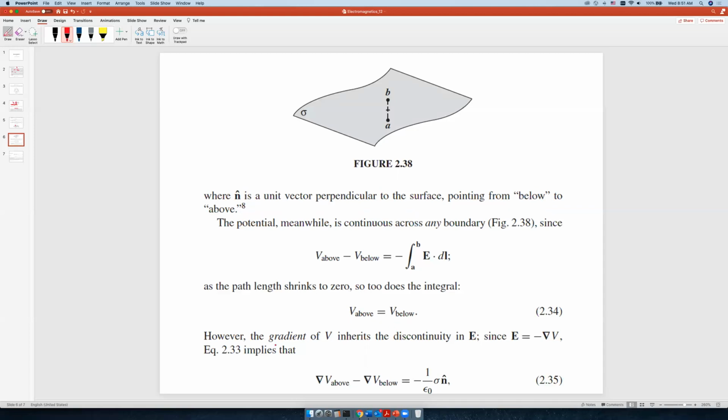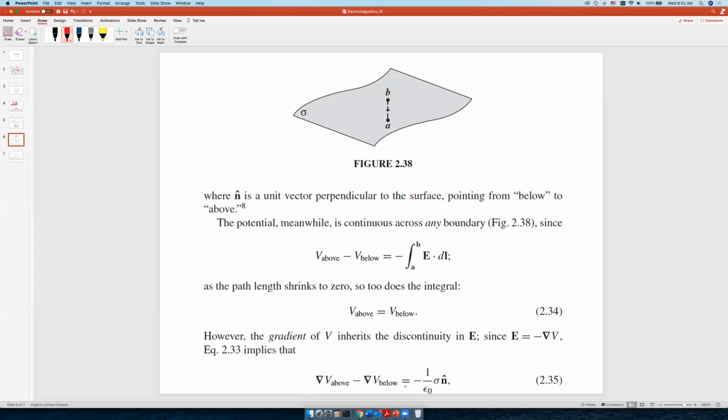However, the gradient of V inherits the discontinuity in E, because E equals the negative gradient of V. So the gradient of V above minus the gradient of V below equals 1 over epsilon sigma in the normal direction, but with a negative sign because E equals the negative gradient of V.